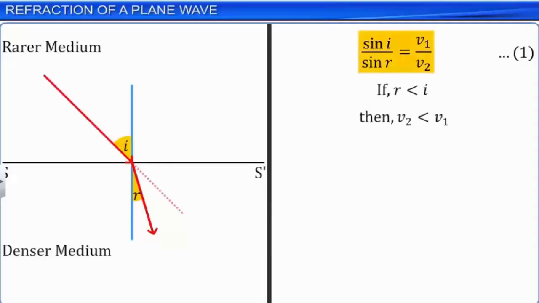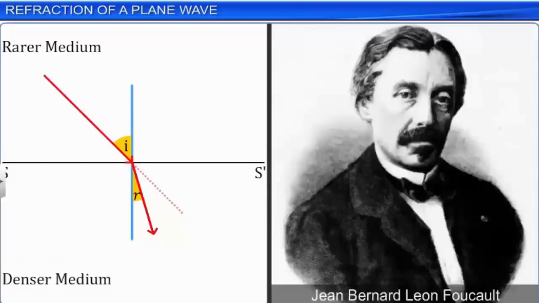Thus, according to Huygens wave theory, the speed of light in a denser medium is lesser than the speed of light in a rarer medium. This is in contradiction to the assumptions made by Newton in his corpuscular theory of light. In 1850, it was Foucault who first determined the speed of light experimentally and confirmed that the speed of light indeed is less in water than in air.